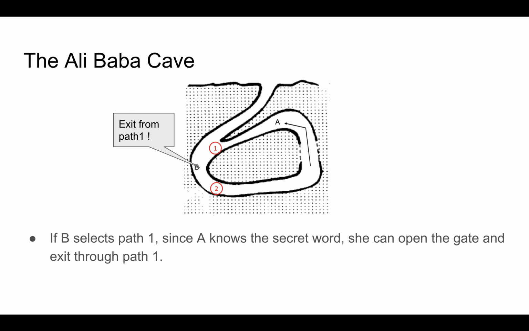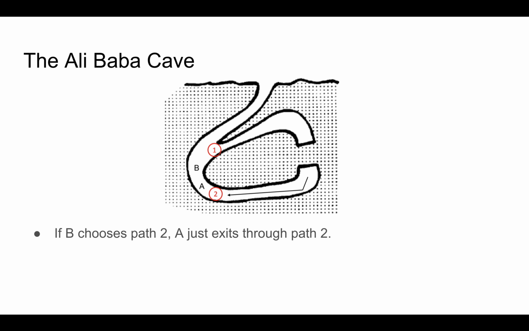If Bob selects path 1, since Alice knows the secret word, she can just open the gate using the secret word and exit through path 1. If Bob chooses path 2, Alice just exits through path 2 immediately.